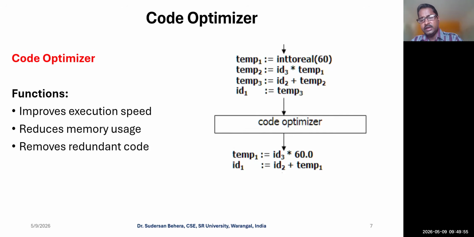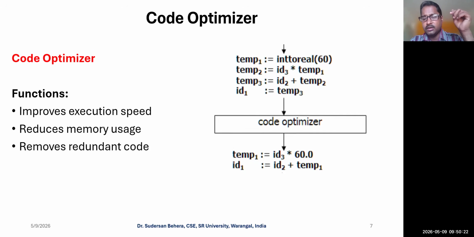Next, id1 equals id2 plus temp1, because in temp1 you kept id3 into 60.0, so there is no need to keep the other. What was temp2 actually?